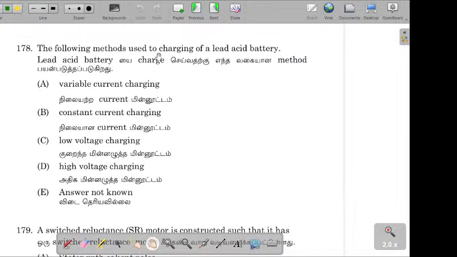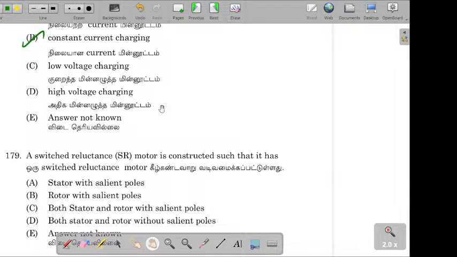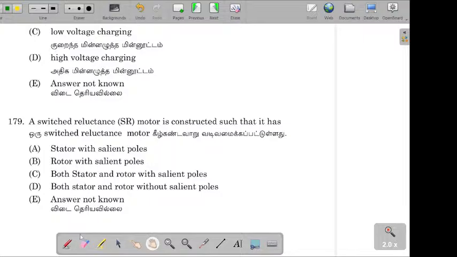The following methods are used for charging of a lead acid battery: constant current charging, constant voltage, or constant current, constant voltage. A switched reluctance SR motor is constructed such that it has both stator and rotor with salient poles.